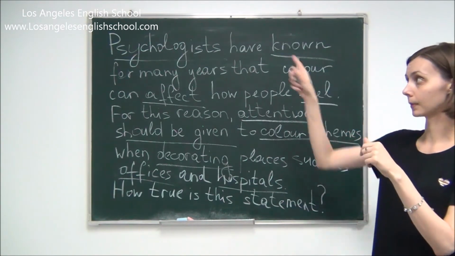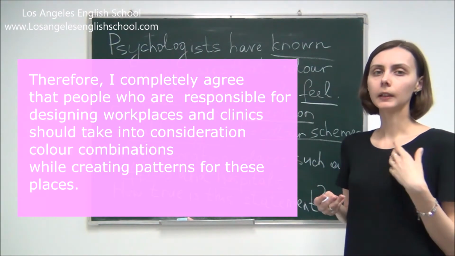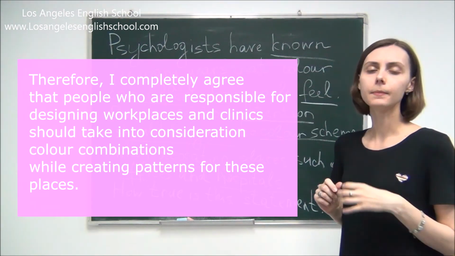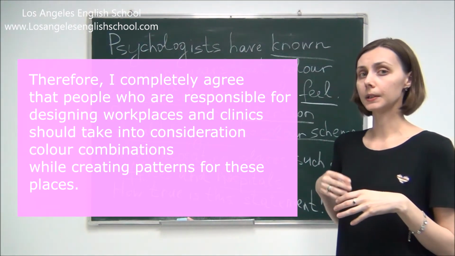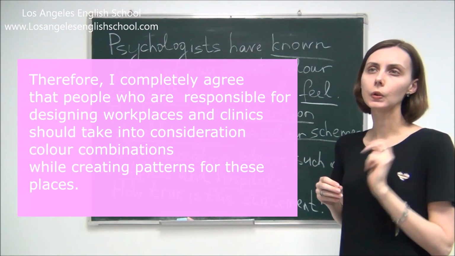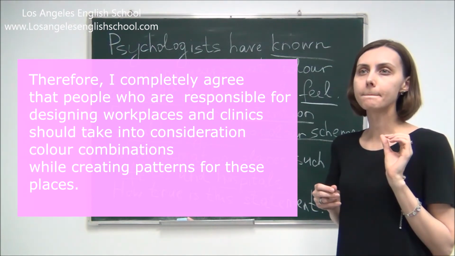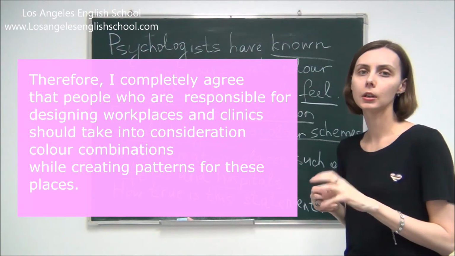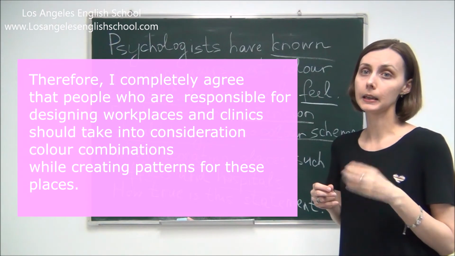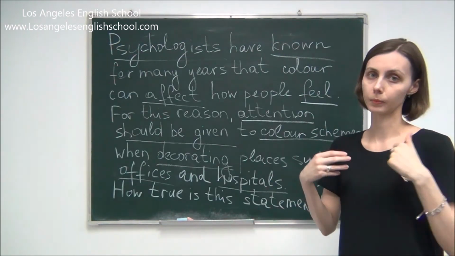I would connect the previous sentence with the next one and say, "Therefore, I completely agree that people who are responsible for designing workplaces and clinics should take into consideration color combinations while designing these places." So it is my opinion.